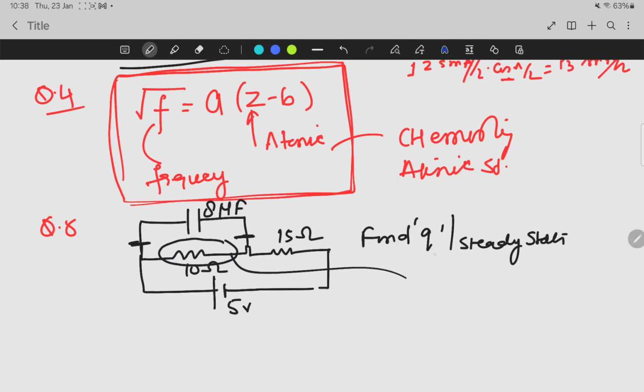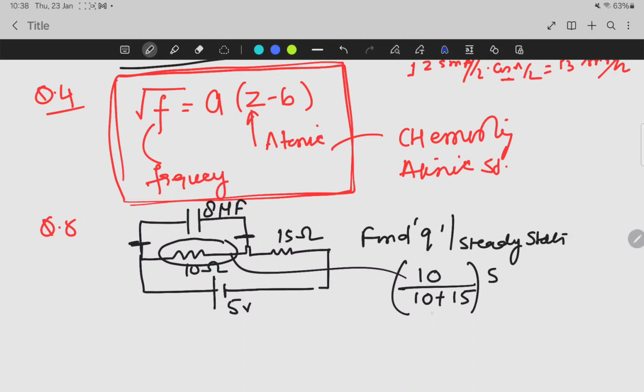Here we will use the voltage division law. For the voltage division we can say 10 upon 10 plus 15, multiplied by the total voltage 5. Fine.